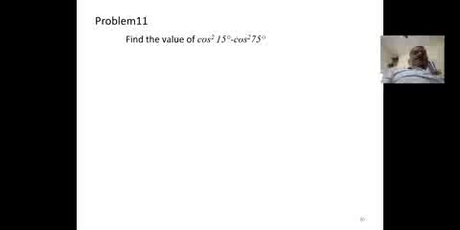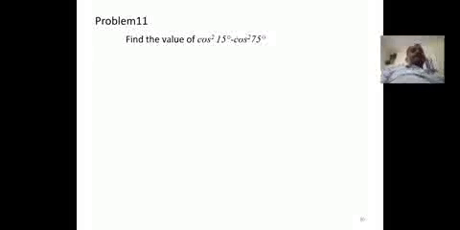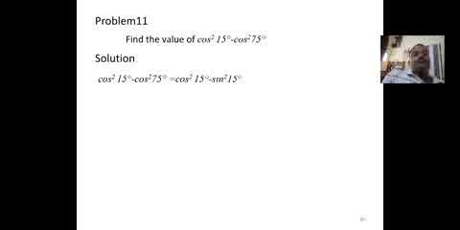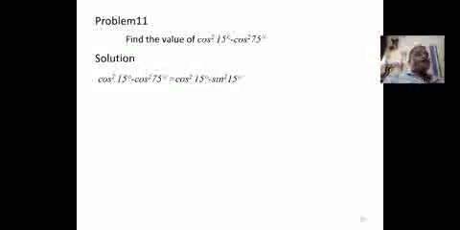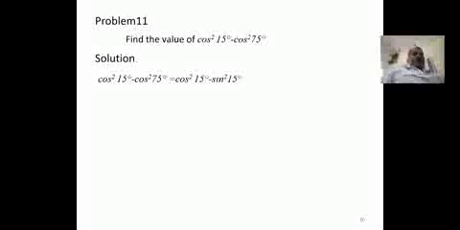Next, one more problem: find the value of cos square 15 minus cos square 75. This cos square 75 we can write as sin square 15, because cos theta equals sine of 90 minus theta. With the help of that formula, you can write it as cos square 15 minus sin square 15.